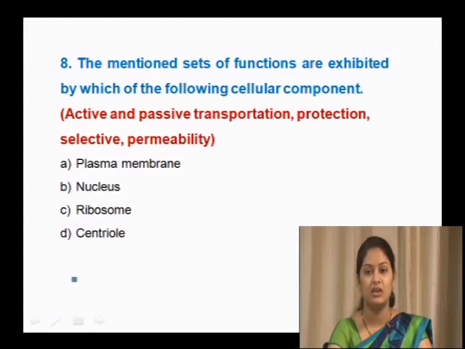Whereas nucleus, ribosome and centriole cannot provide protection. For providing protection, it has to be on the periphery. So this main function may give us the particular clue for the answer. So the option is A for this question.